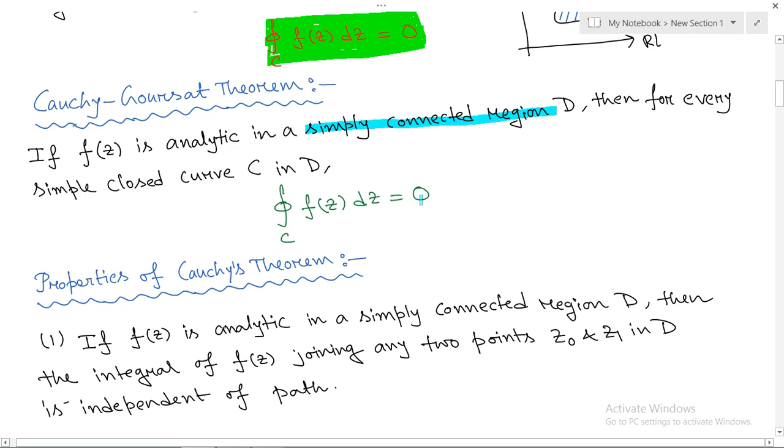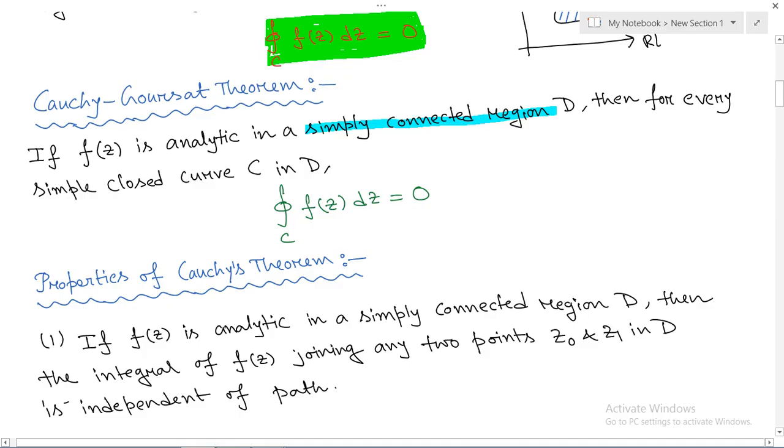So in the Cauchy-Goursat theorem, a little relaxation has been given from the previous condition: that f dash z is continuous, that condition has been relaxed. Here it says that if we have one analytic function within and on a simply connected region D, then we can straightforwardly say that the value of the integration over this region is going to be 0.